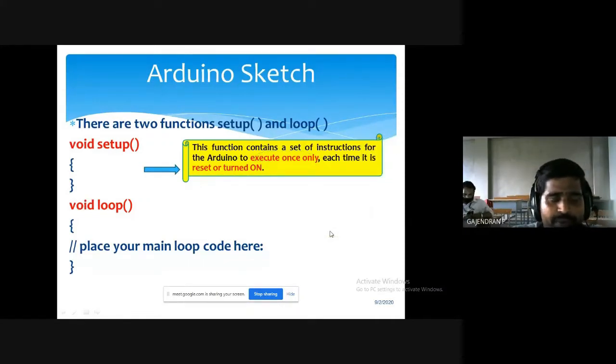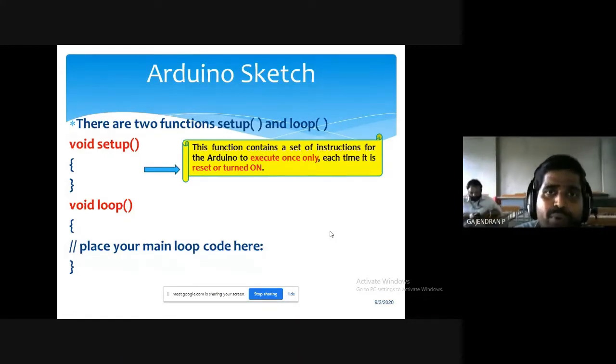See, actually, one major difference between embedded C and conventional C is that in a conventional C program, you won't encourage an infinite loop. If you write while of 1, it is a violation in your C program. You should not have an infinite loop in your program, isn't it?